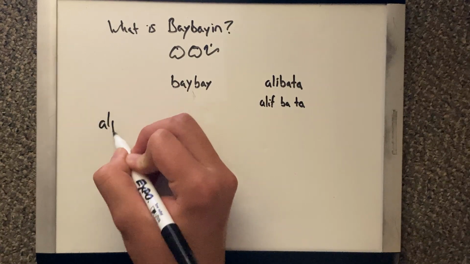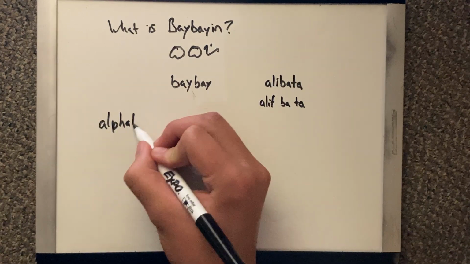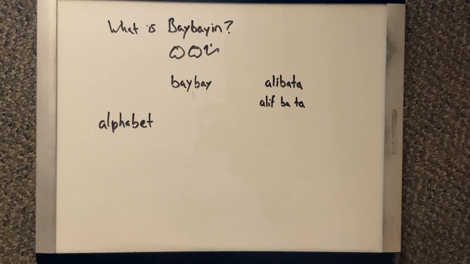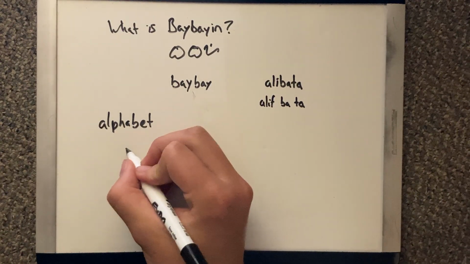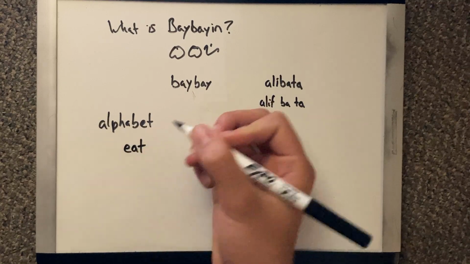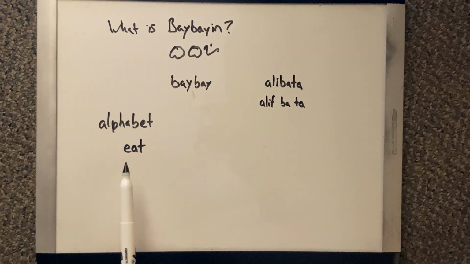To answer that, I'd first like to turn your attention to the English alphabet, or the Latin alphabet, as it were. When I write a word in English, such as eat, each letter might represent a vowel or a consonant.